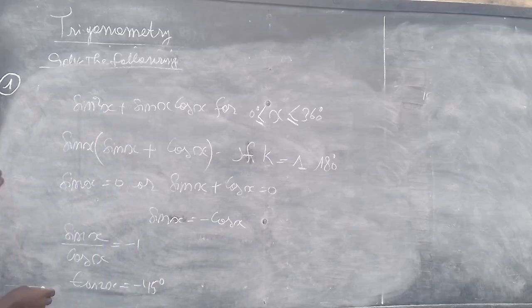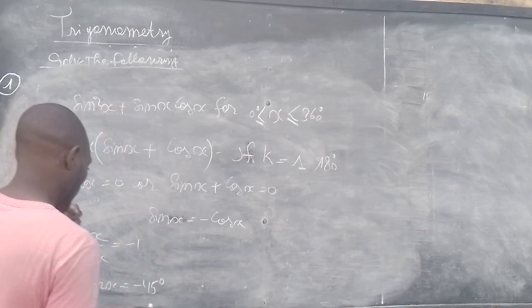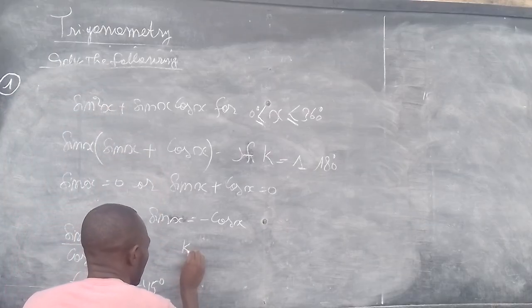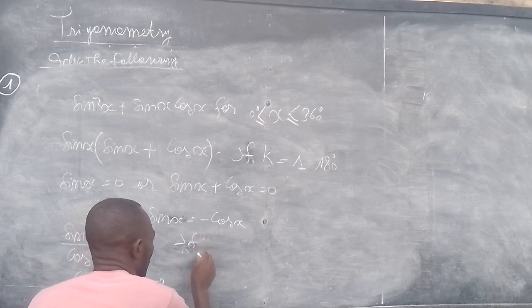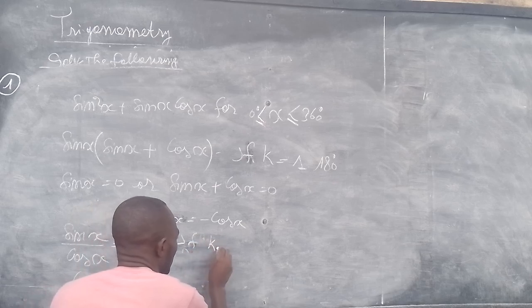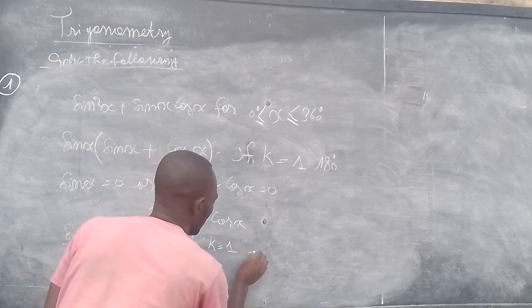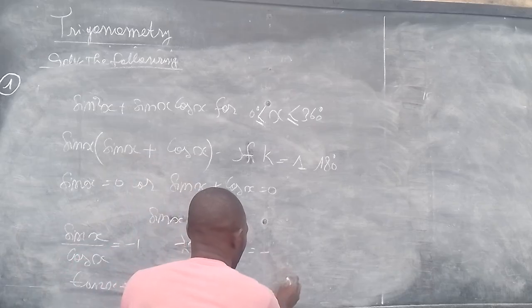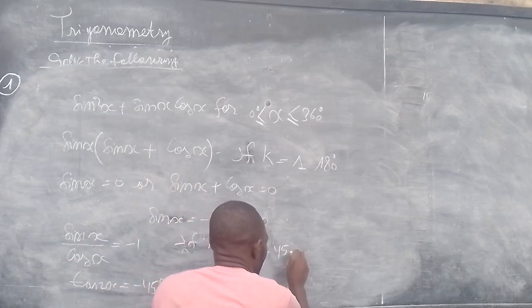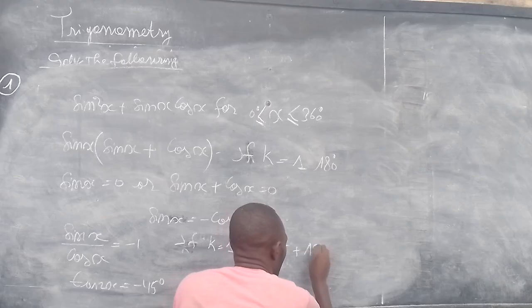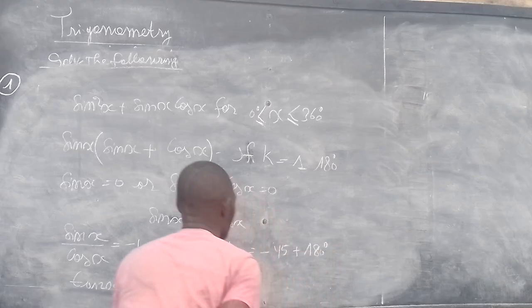So it means that if k equal to 1, we will have negative 45 degrees plus 180 degrees.